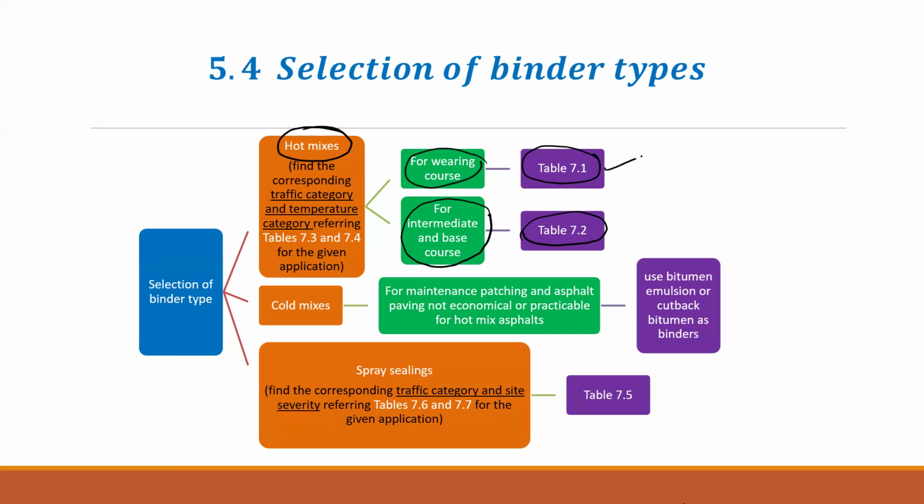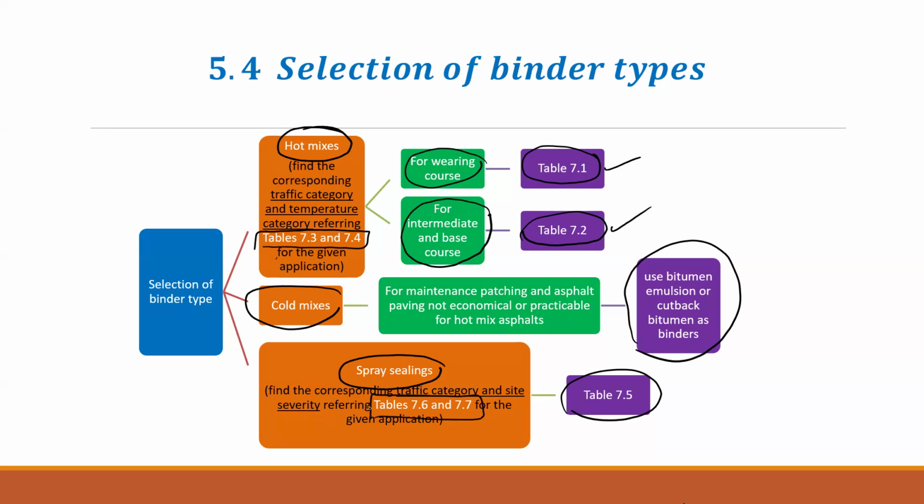So that will be 7.1 for wearing course for hot mix, and for base course and intermediate course, it is 7.2. For the cold mix, actually it is for maintenance, so you can select one of these for the cold mix. And for spray sealant, you need to refer to table 7.5. For finding the traffic category and the site severity, you need to refer to these tables depending on whether it is a hot mix or a spray sealant.